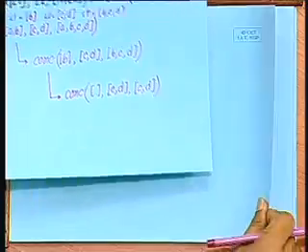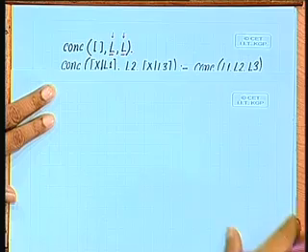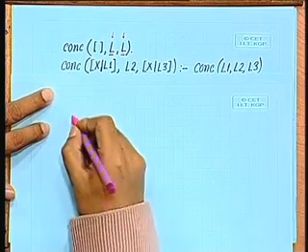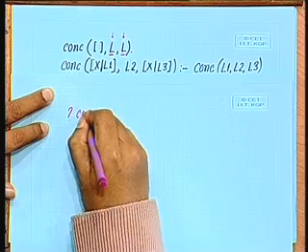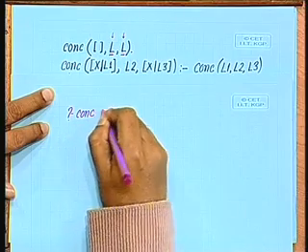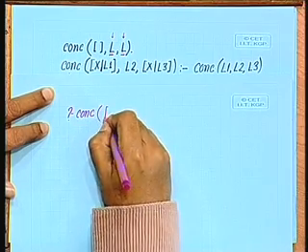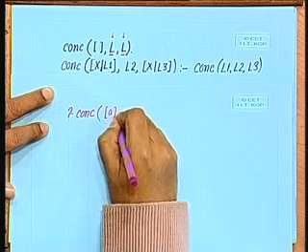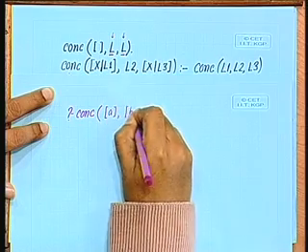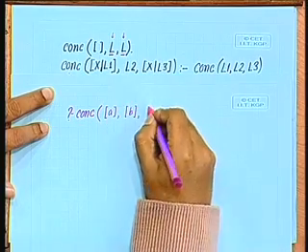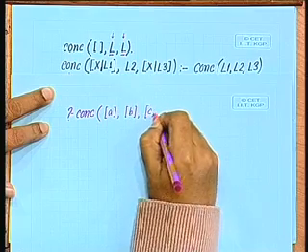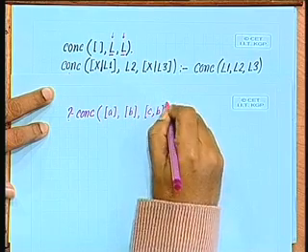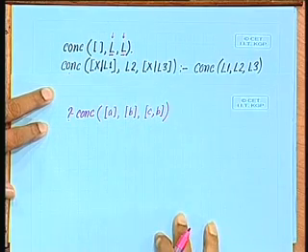So, for example, if we slightly modify this case and look for matching, say suppose we try to check whether conc, say A and B will work or not, right.